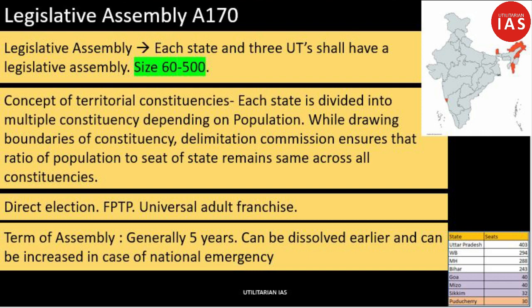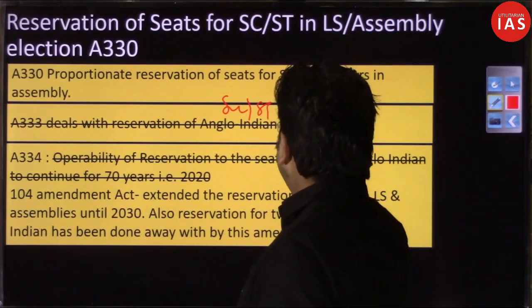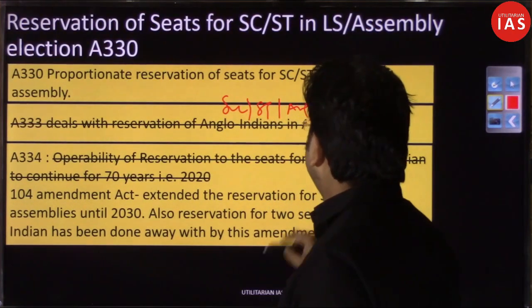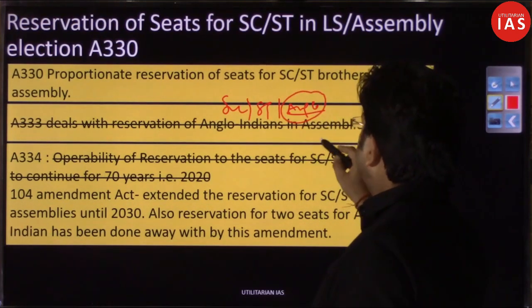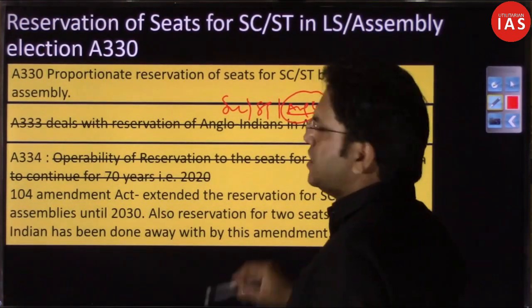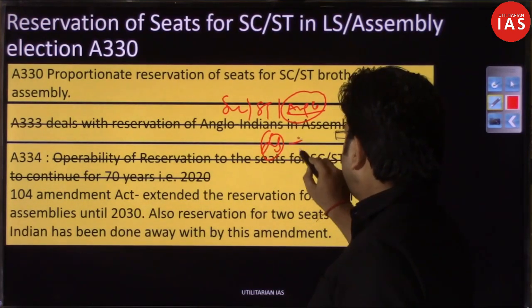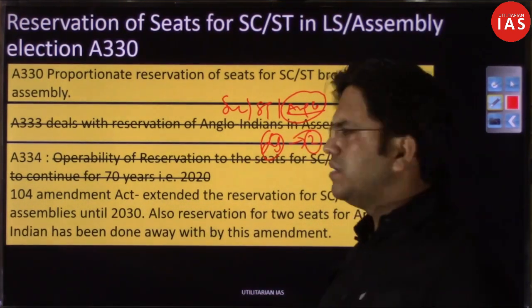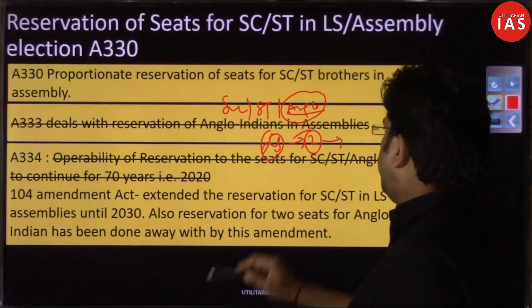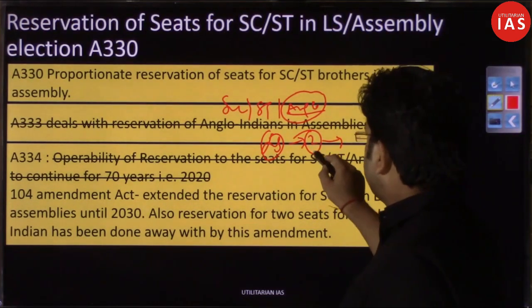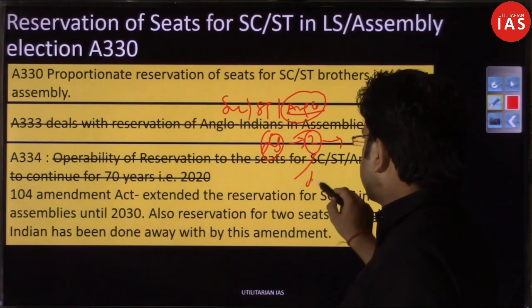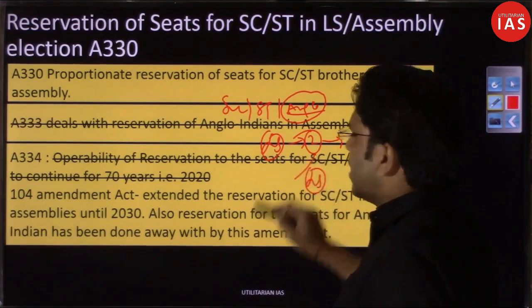As far as reservation at the political level for the election is concerned, on the basis of population for SC/ST brothers and Anglo-Indians, rather this Anglo-Indian concept has been finished, nomination of Anglo-Indians. So there was a provision in the constitution that in Lok Sabha 2 Anglo-Indians could be nominated by the president if, in the president's opinion, there had not been enough representation in Lok Sabha for the Anglo-Indian community.